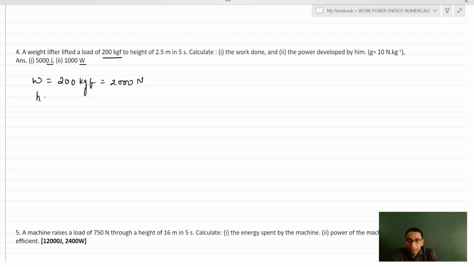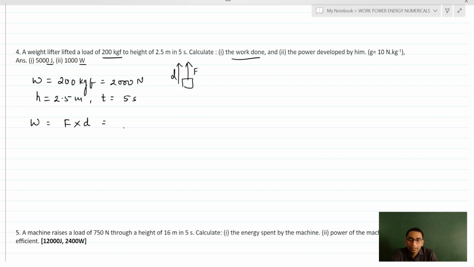The height above the ground is 2.5 meters, and the time is given as 5 seconds. Work done is equal to force times displacement, and here there is no cos theta because the weight is lifted in the upward direction, that is, in the direction of the displacement. So theta stays 0 degrees, right?